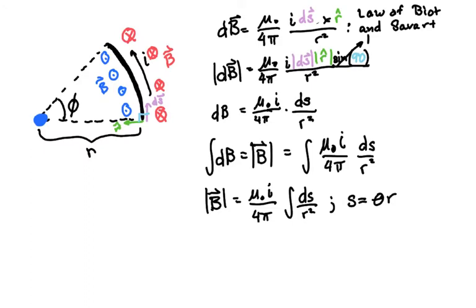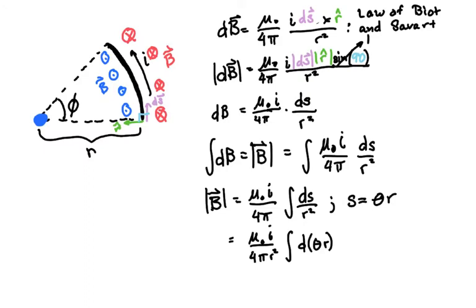Over the course of our integral, does our distance from the center of our circular arc to the wire change? Well, in this case, it doesn't. So we can move that 1 over r squared outside. Once we've moved that out, now we look at our differential, where our differential is no longer ds, it's now d theta r. Well, we have the differential of 2 variables.